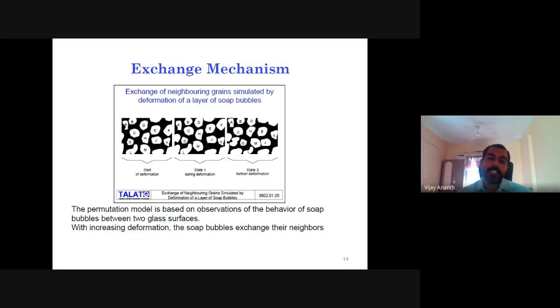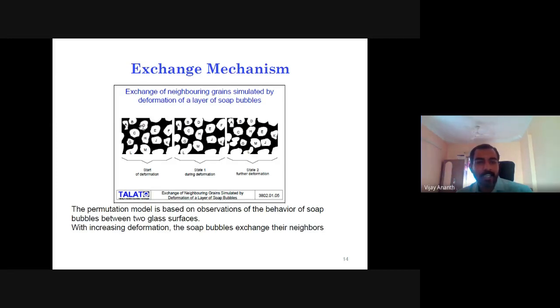The next one is the exchange mechanism. The best example is soap bubbles, right? In water, suppose we have a soap bubble. If we touch the soap bubble, it will not break, right? The soap bubbles will be moving one over another very easily. So here initially, in the first diagram, we have this arrangement of A, B, C, D. It is a grain. In the second, during deformation, the movement of grains takes place, right?